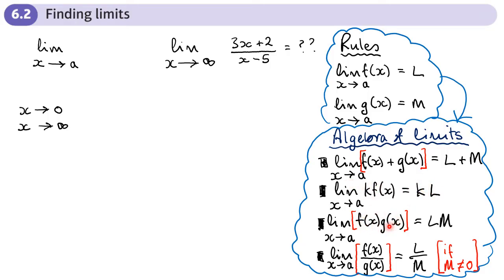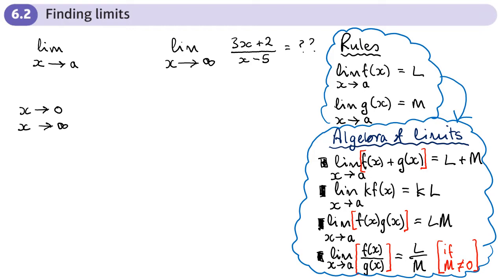If we've got a product of two functions, then we find a product of their limits. If we've got two functions divided by each other, we divide their limits by each other, as long as the limit of the function at the bottom is not equal to 0.